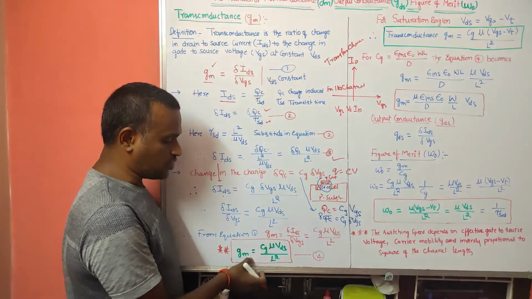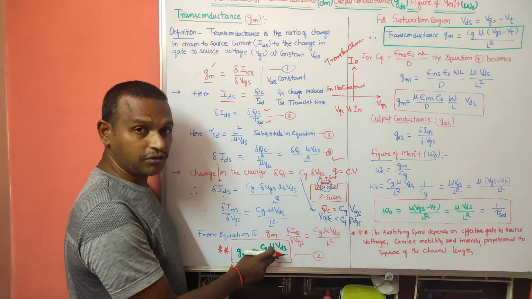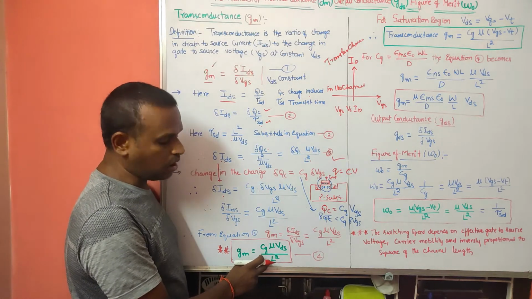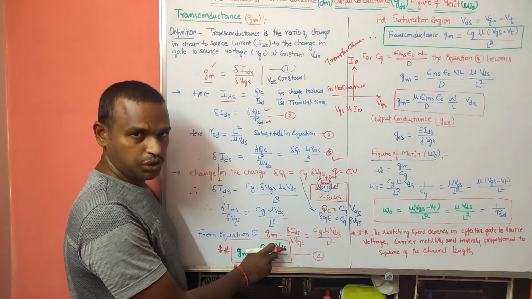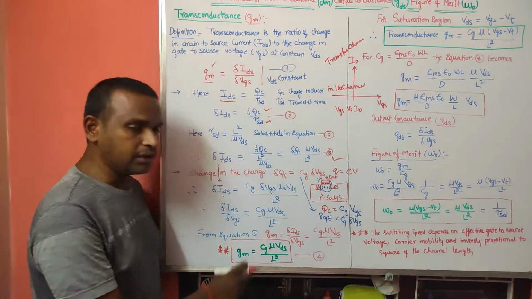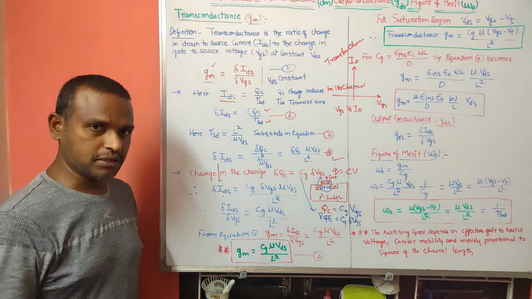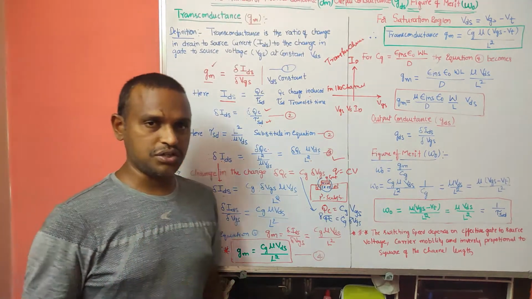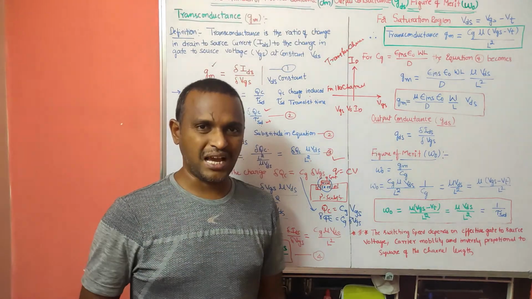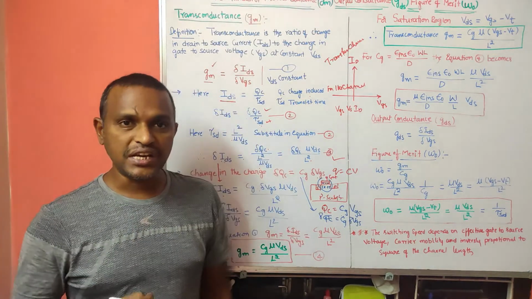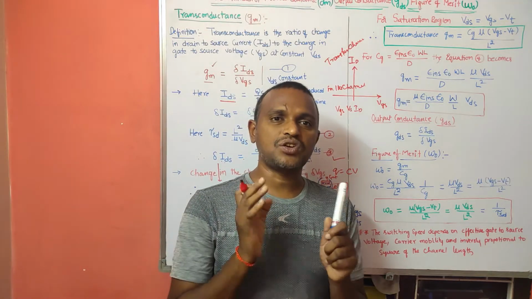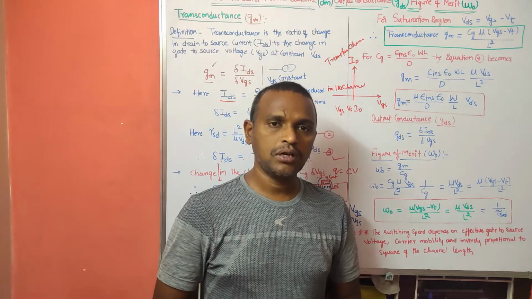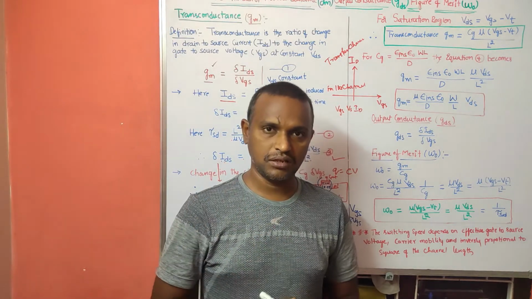So the transconductance depends particularly on the mobility of the carriers, and at the same time the length of the channel and the VDS, the drain to source voltage that we are applying. But up to this point, it is for the non-saturation region. Now if I consider the saturation region, for saturation VDS is equal to VGS minus VT, that is nothing but the effective voltage of the gate.